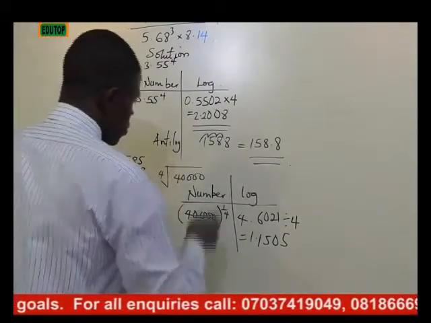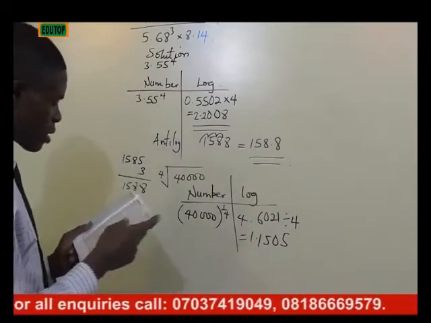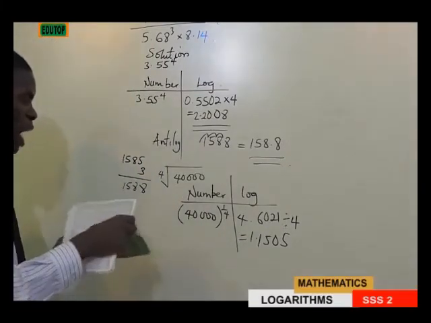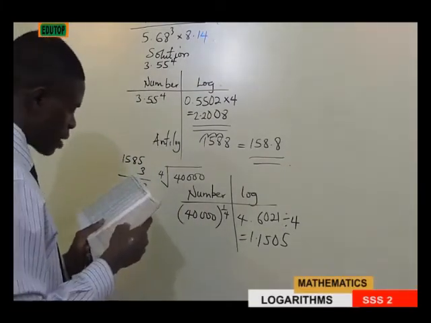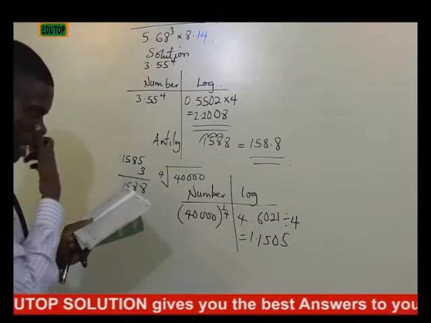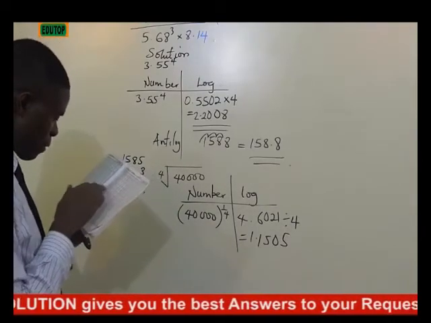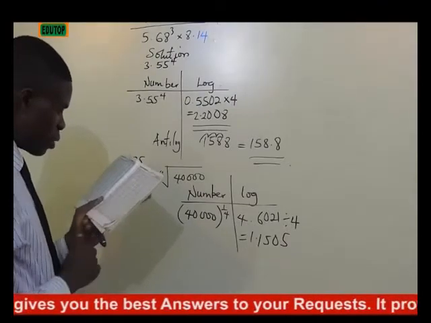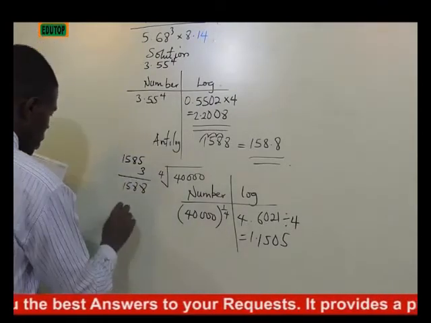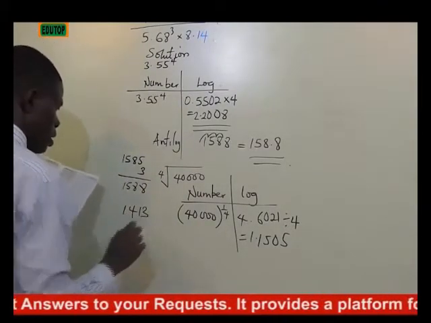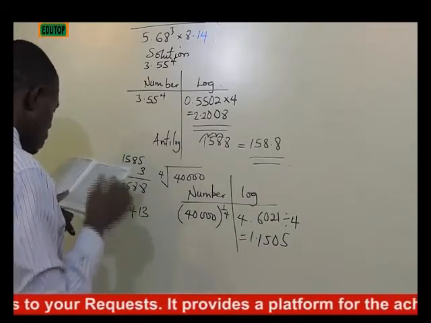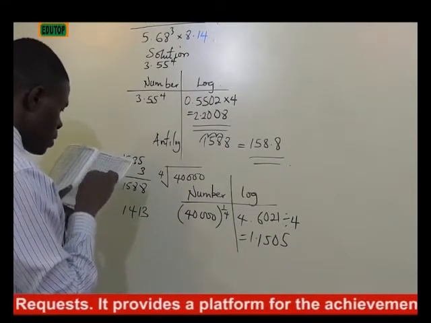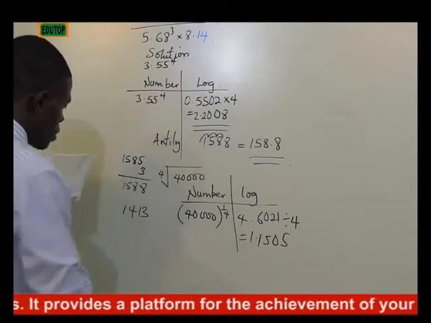Then we will now use antilog. By using antilog of numbers, we go there and check for 15 under 0, difference 5. 15 under 0 gives us 1413. Difference of 5 gives us 2.